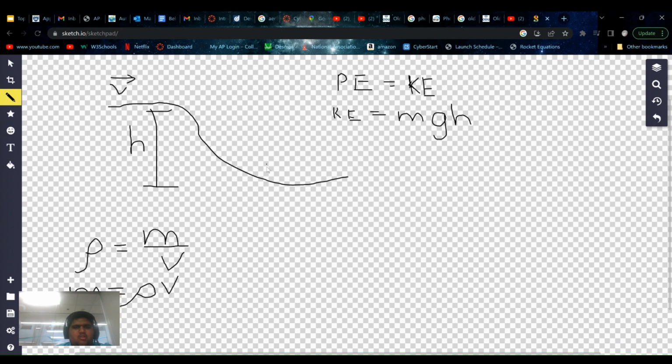Water may occupy a different volume down here than in here. So really, this should be written as m equals rho delta V. So KE equals rho delta V g h. That's the kinetic energy.